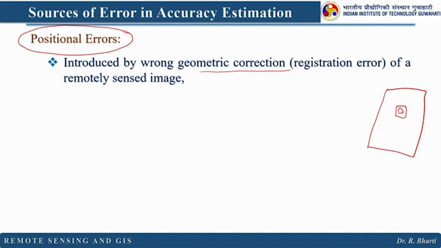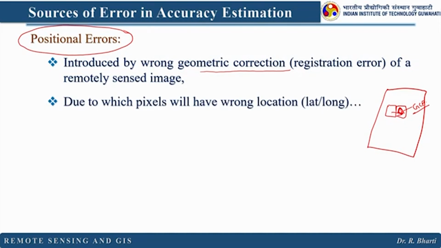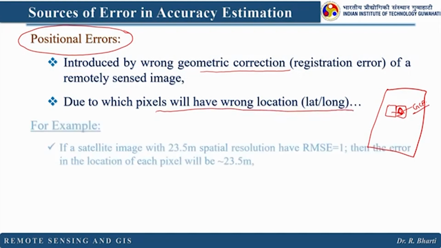So in case you have wrongly given the information of your ground control point, then what will happen? The location of this pixel, which was supposed to be here, because of the wrong information, has been shifted here to the next pixel, right? So that may introduce error in your classification. So due to which the pixel will have a wrong location, right, latitude and longitude.